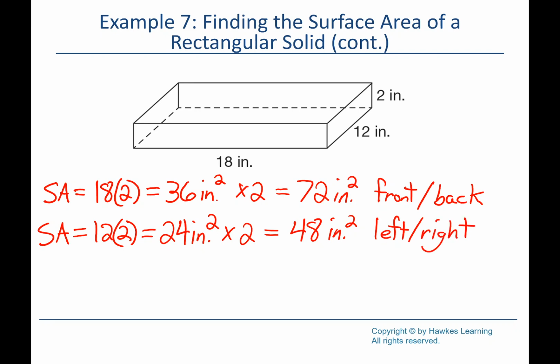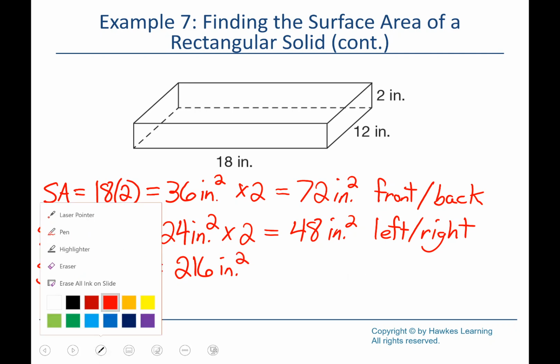And then for the top, we won't multiply by 2, right? Because we don't want to do the top and bottom. We just want to do the top. So the top would be 18 by 12. So what is that? 216. Then we just add all those up.